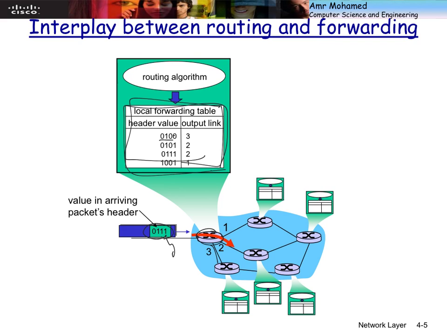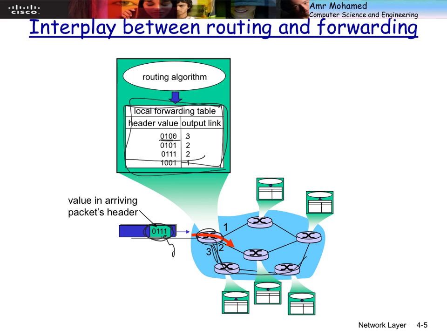This table will not be built magically. It has to be built through some prior exchange of information, which is part of the routing protocol. So if you have this destination address and you send it over this link, then you are routing the information for this destination address in this way.